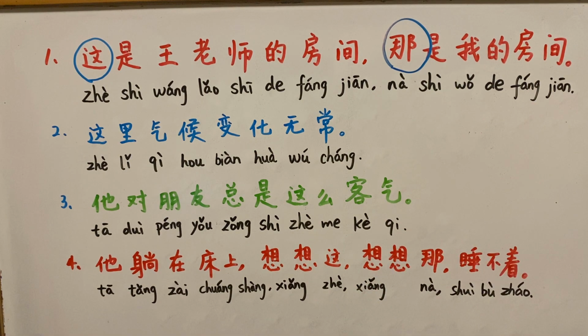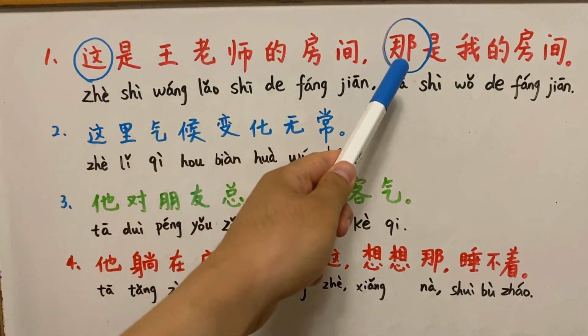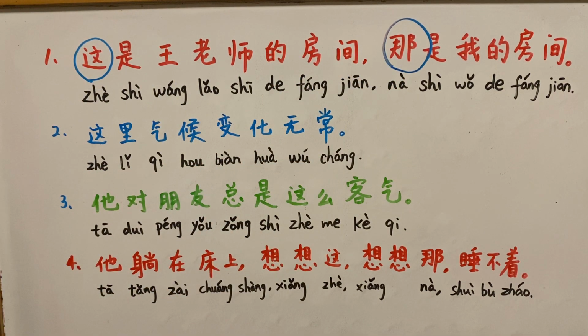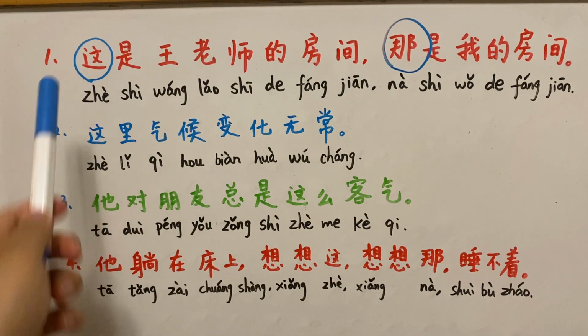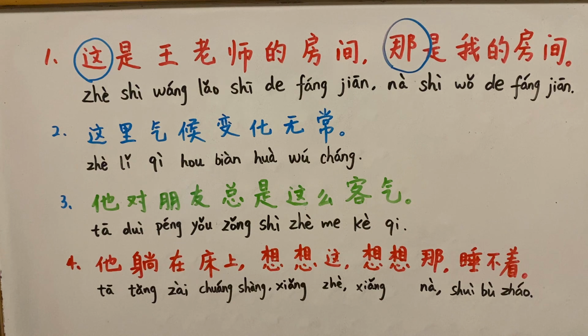So here you can tell 这 and 那 are two demonstrative words. When you say 这, it means the room is close to the speaker, right?